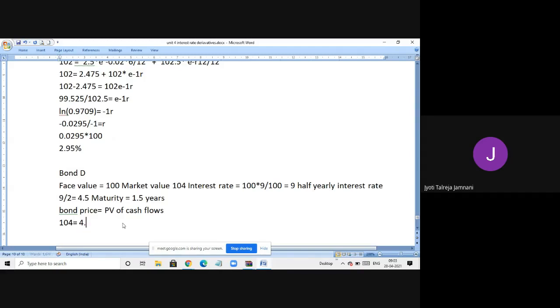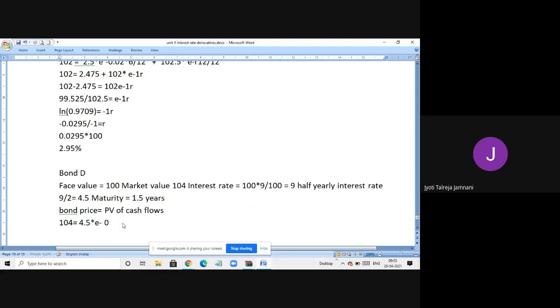So first 4.5 into e raised to minus the rate for the 0.5 year bond. Bond B had a maturity of 0.5 and the rate that we found was 2%.